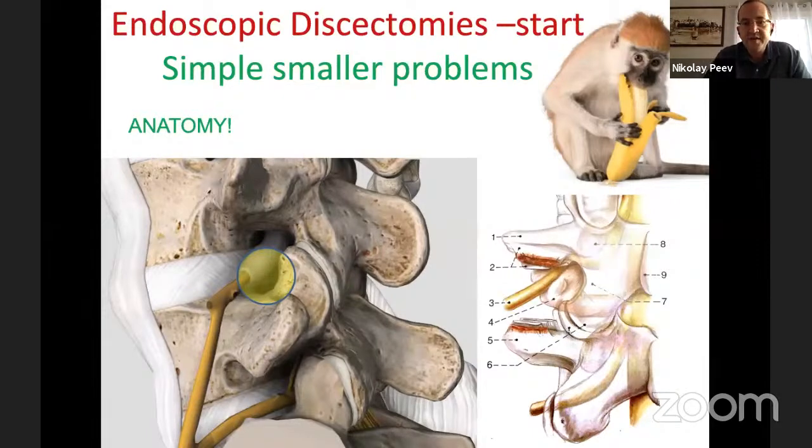So you have to consider that you are not only on the other side of the facet, but also the spine will be oriented differently towards you. The spine is oriented in an oblique fashion. And you have to consider that as well when you are starting preparation for your endoscopic surgeries and when you're familiarizing yourself with the necessary anatomy.